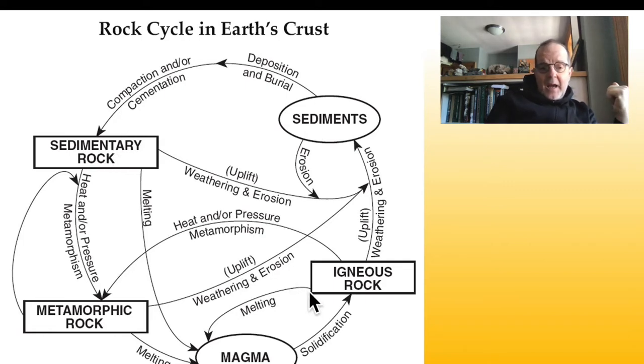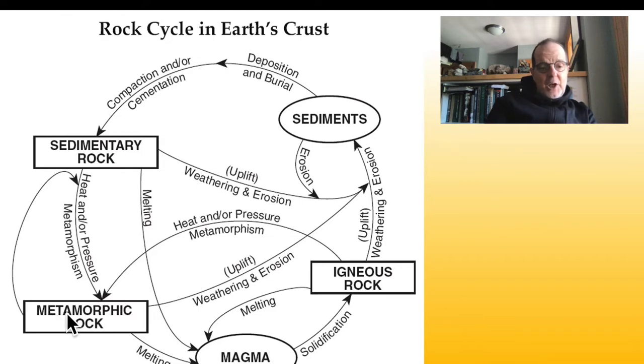And we could take either an igneous rock or a sedimentary rock and turn it into a metamorphic rock when, in certain locations, certain environments on the earth, there is, near the surface, enough heat and pressure to actually transform what had been an igneous rock into a new type of rock called metamorphic.